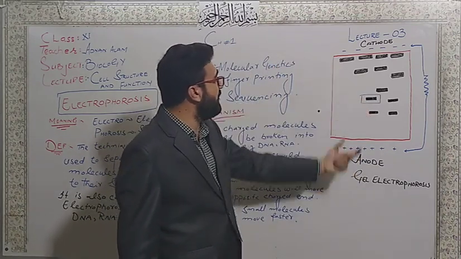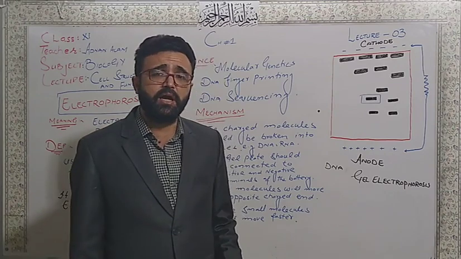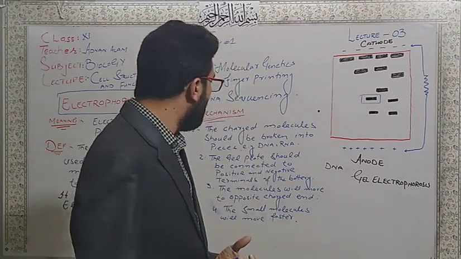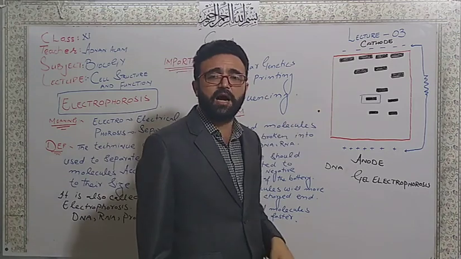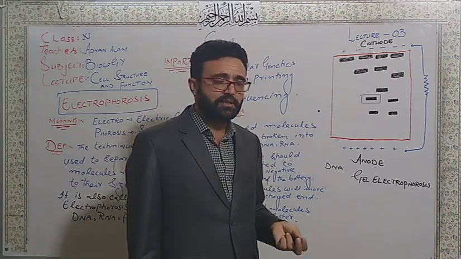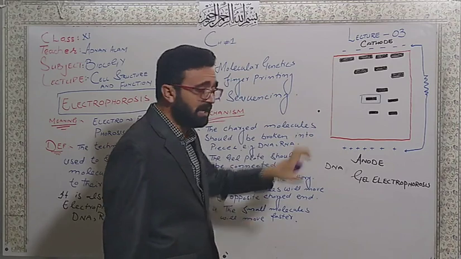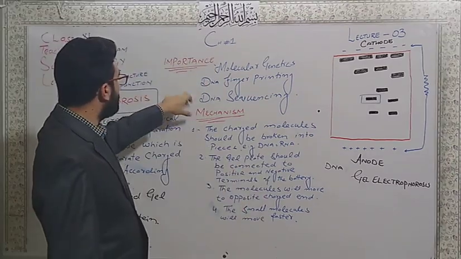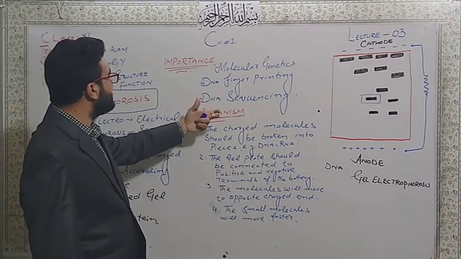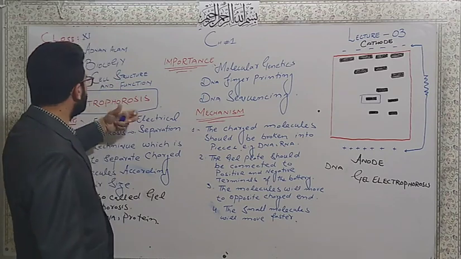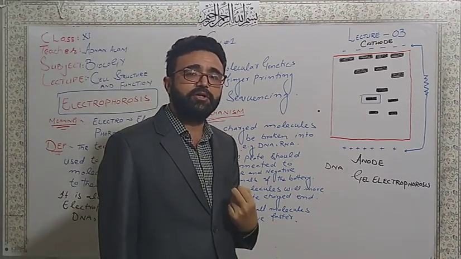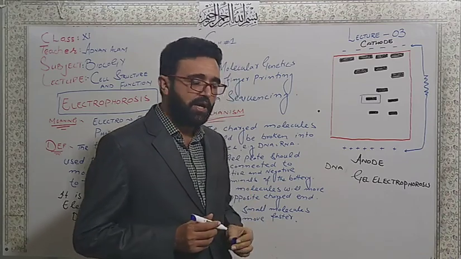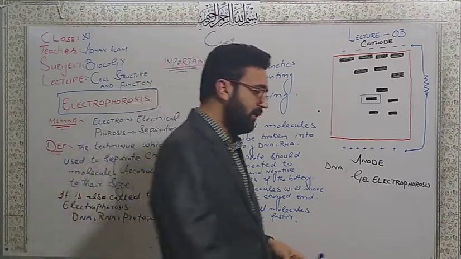It is mainly used in DNA fingerprinting, and I told you that we will solve one case also. So let's study a criminal case on the basis of the gel electrophoresis technique. We will use the gel electrophoresis technique and try to solve a criminal case, DNA fingerprinting.